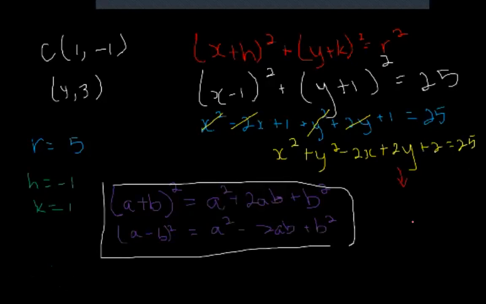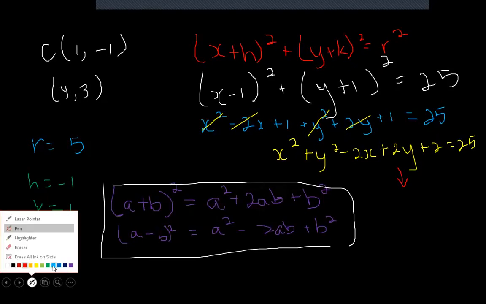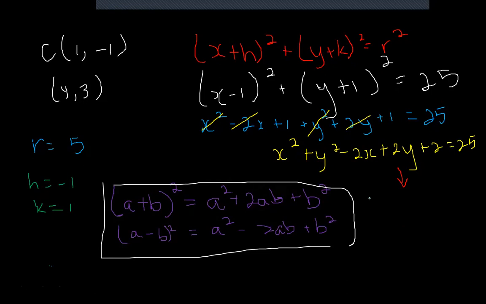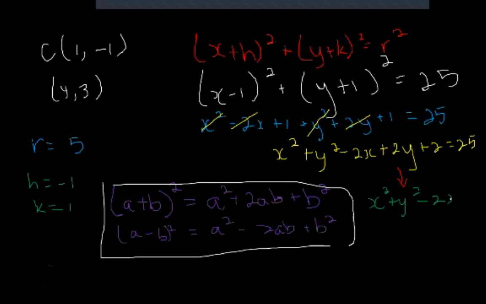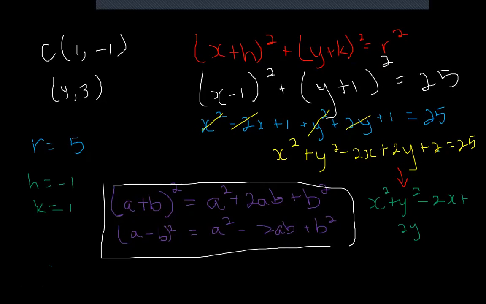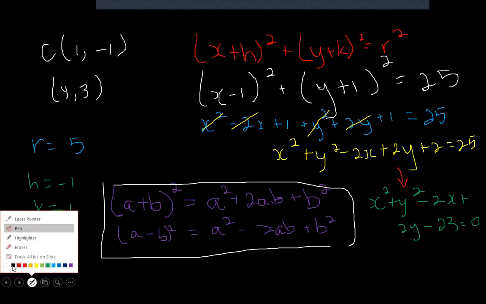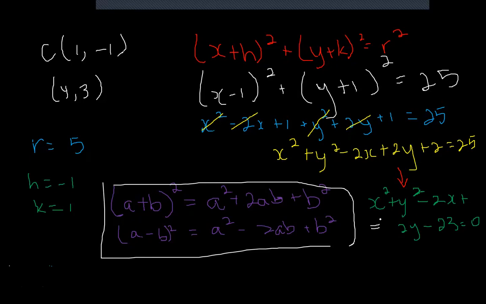So the final answer, the general form, would be x squared plus y squared minus 2x plus 2y. Trying to make the entire equation equal to 0, we will minus 25 on both sides, and 2 minus 25 is minus 23, is equal to 0, which is the same answer from the previous method. So both of them work. You could do whichever you want to do, it doesn't matter.